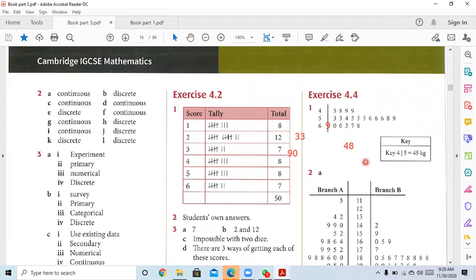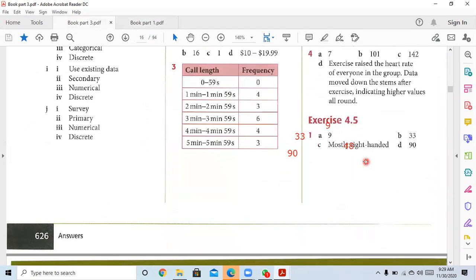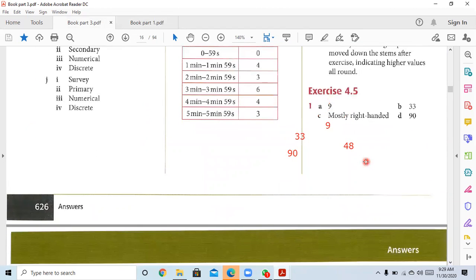Look here, mostly are right-handed. By mistake I typed 9, 33, 48.